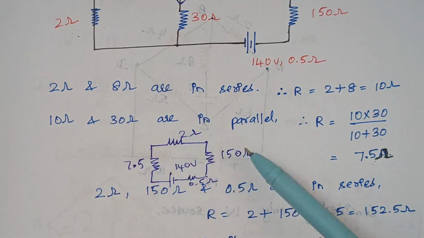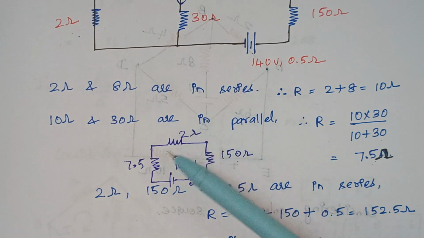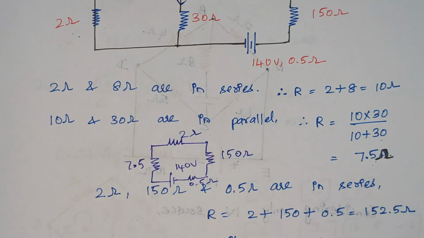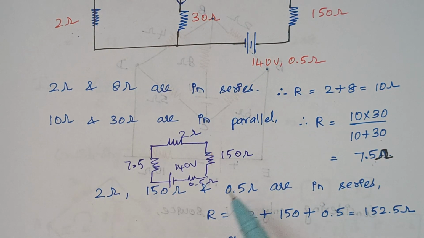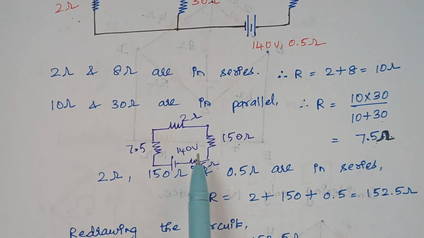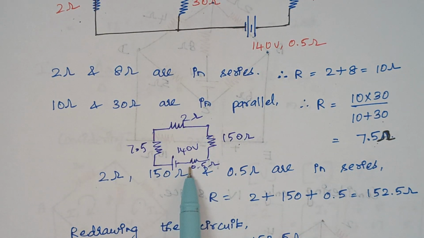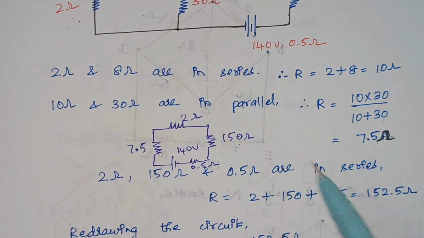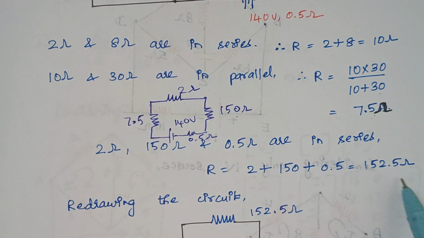Again, when you look at this, the 150 ohm, 2 ohm, this 7.5 and this 0.5, everything is in series here. First I combine these three resistors, 2, 150 and 0.5, which gives 152.5.